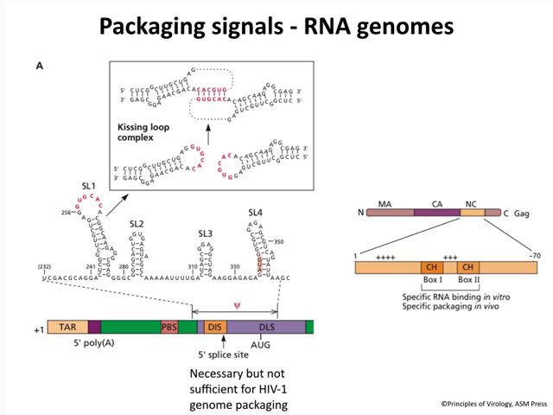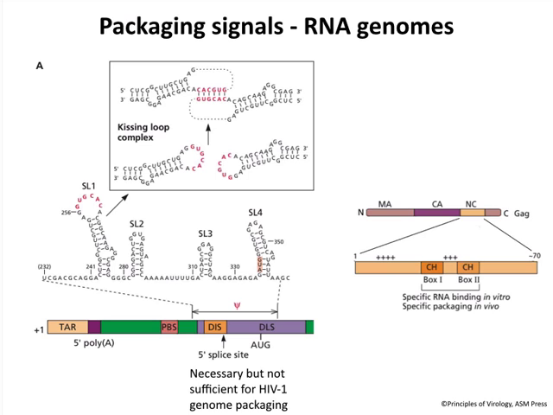This is the RNA sequence in this psi packaging region. You can see it forms a variety of stem loop structures. And in fact, this particular sequence here in stem loop 1, SL1, forms what is called, so romantically, a kissing loop complex. So two of these actually base pair.